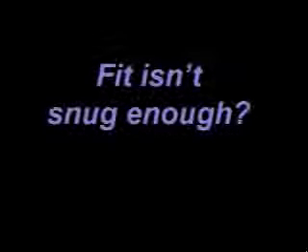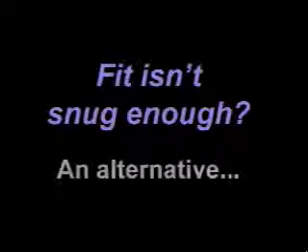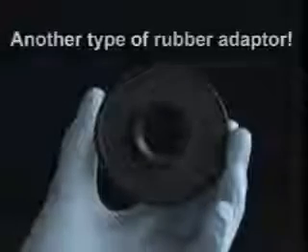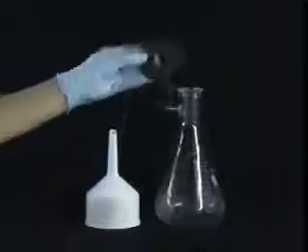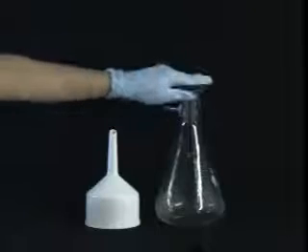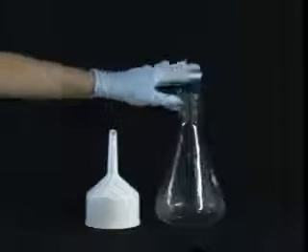But what's that you say? The fit between the funnel and the flask isn't snug enough? Well, there's an alternative. Another type of rubber adapter. Notice its shape and size. And look in the middle there. There's a raised area. This raised area fits into the mouth of the flask, as seen here.